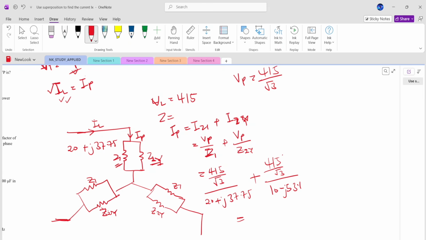Okay, so I'm computing it here. It's giving me 3.49 angle minus 9.8.